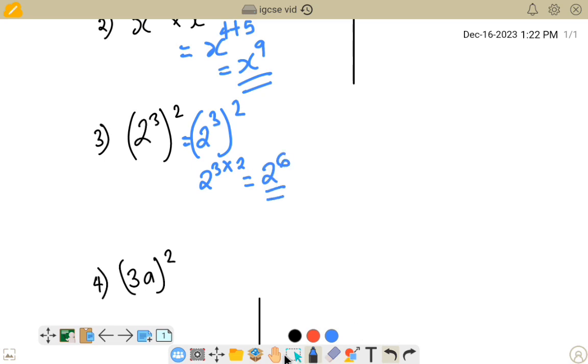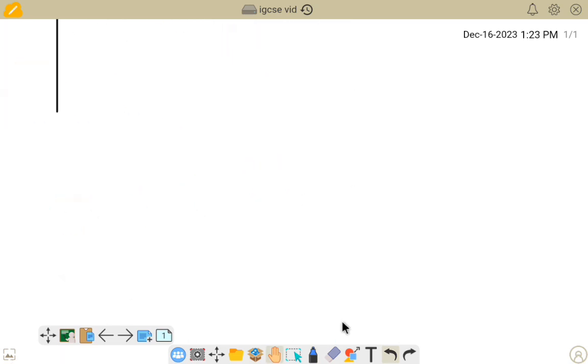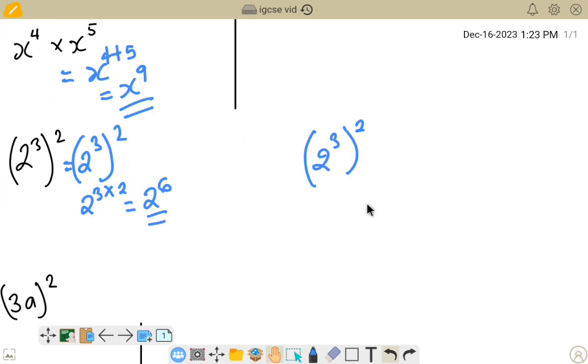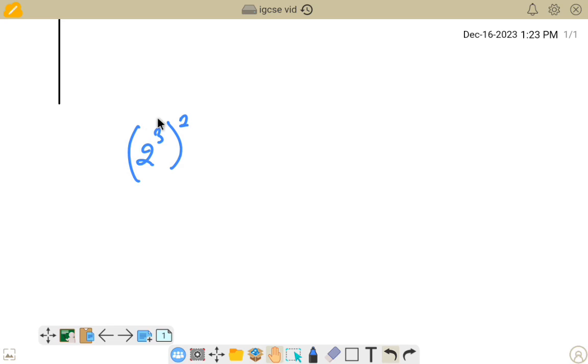You can actually solve it another way. You have 2 raised to the power 3, all raised to 2. Okay, so to solve it another way, just write your 2 raised to the power 3 in 2 places.